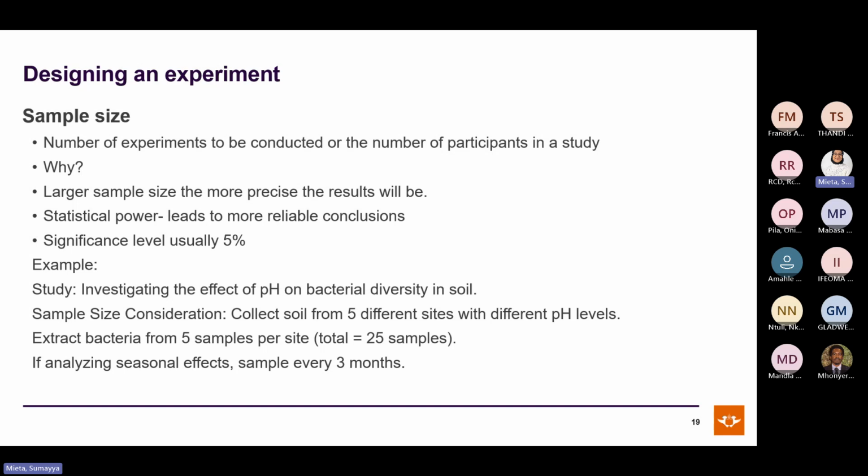So that would be 25 times 4 samples, which will give us 100 samples. So can you see how we have increased our sample size to make our results more accurate and more precise? Okay.